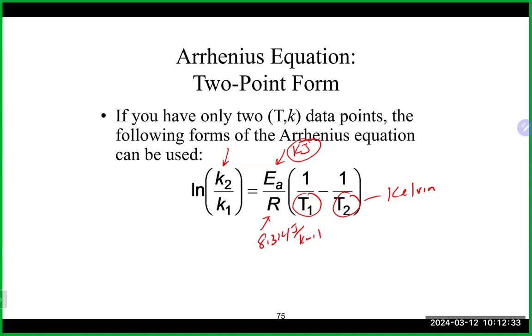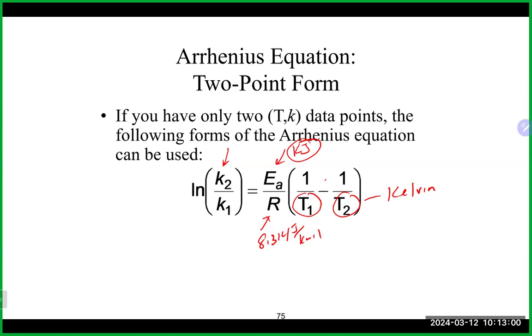A couple of other versions distribute the negative out of the parentheses, and you do 1 over T2 minus 1 over T1 with the negative on the outside. Another version combines the denominator, doing T1 times T2. So there are like 3 different versions of this equation, and you might see different ways it's written.